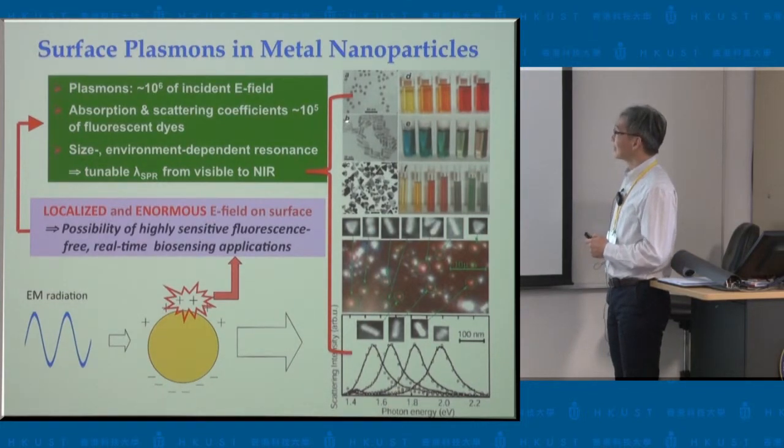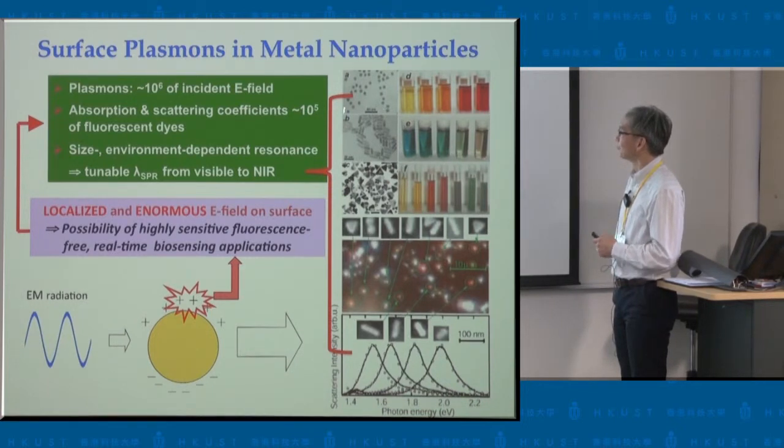Over the years, the chemistry people have developed recipes to generate very regular nanoparticles of metal, nanocrystals, and because of the resonance frequency, they tend to scatter very selectively with certain wavelengths.